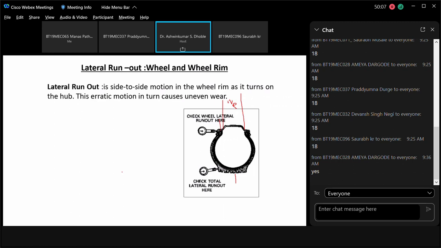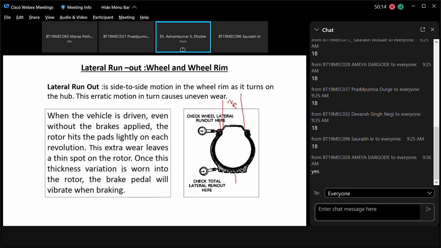because वो टायर का जो एक perfect plane में rotation है, that will not be achieved. So when the vehicle is driven even without the brakes applied, the rotor hits the pad slightly on each revolution.